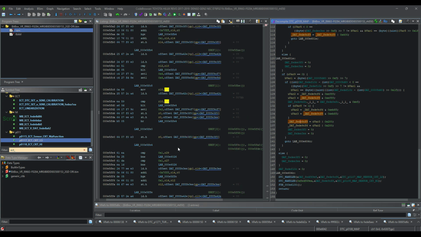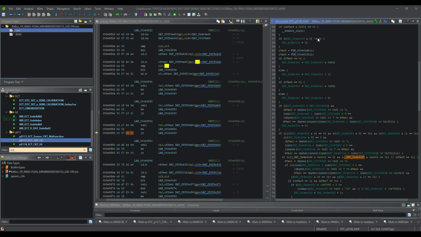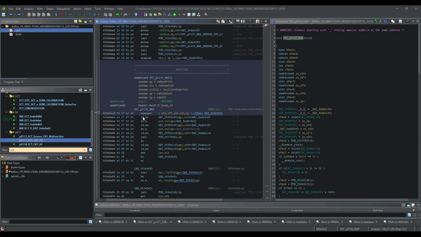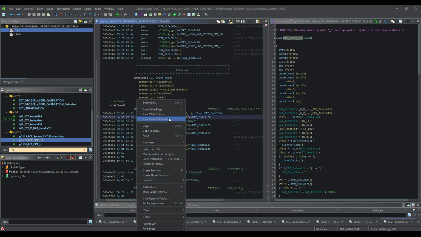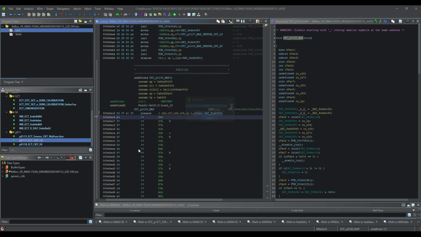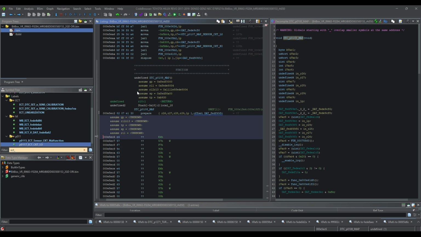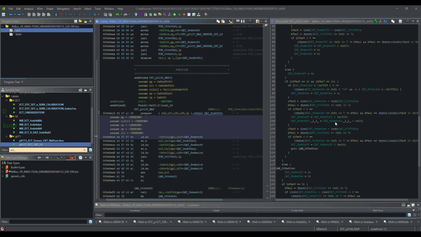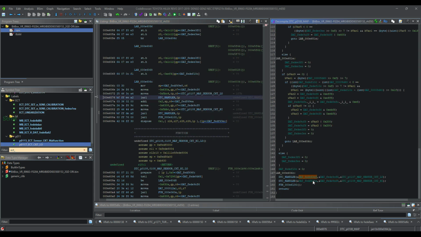So the conclusion that I came to is if we scroll up to the top here and we hit clear flow and repair. Okay, now what that just did is it made every last register that we had priorly set up now unknown in this function. And then we click disassemble again, and look at that. Now we're all dialed in.